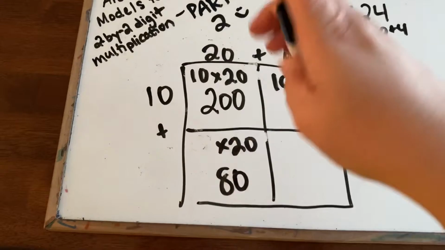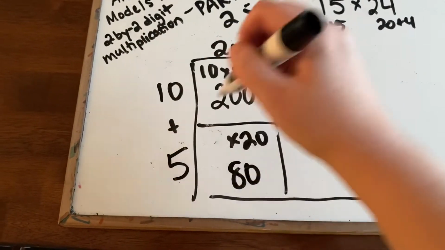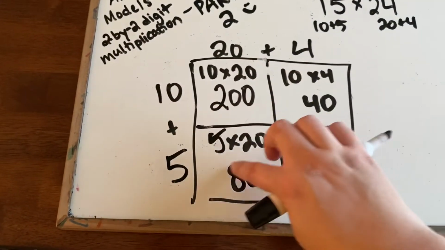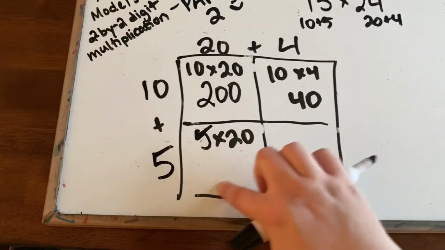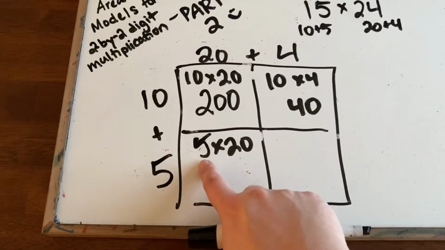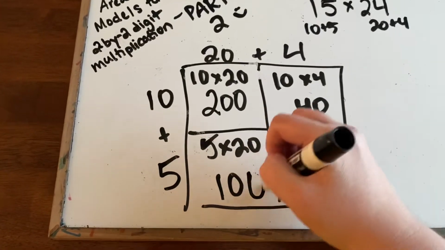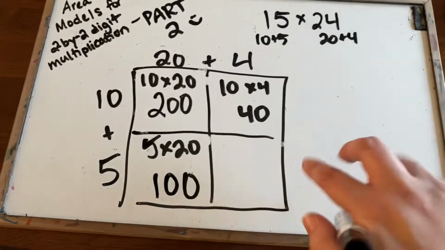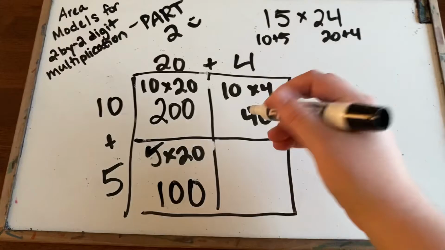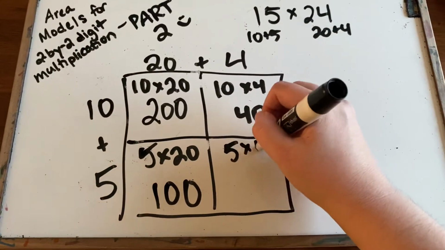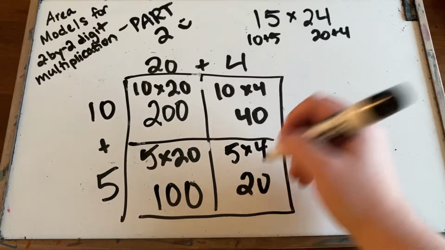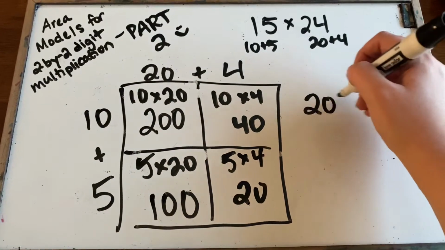Sorry, guys. I was like, wait a minute, why do I have another 4 there? Oh, sorry. 5 times 2 is 10 with 1 zero is 100. There we go. And then we've got 5 times 4 in the last one. 20. So we got all those up and we get right back to where we were.